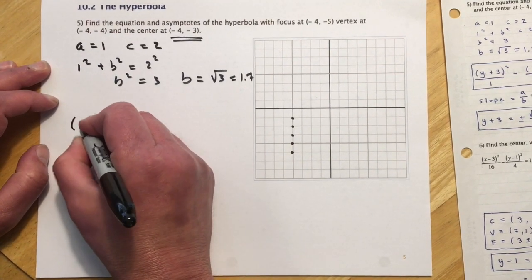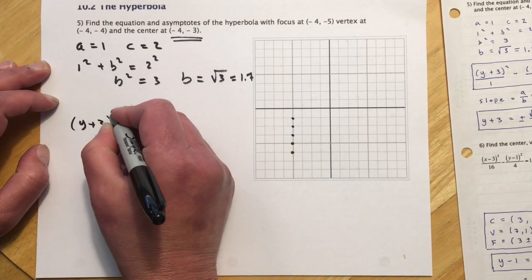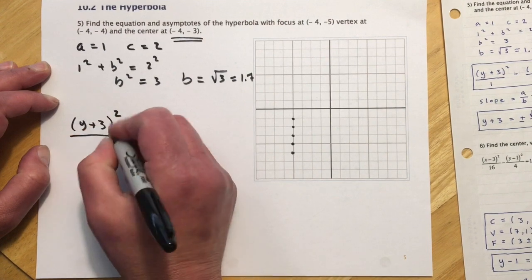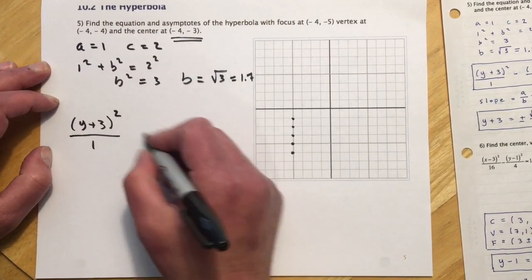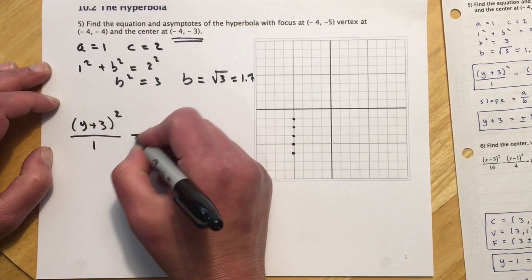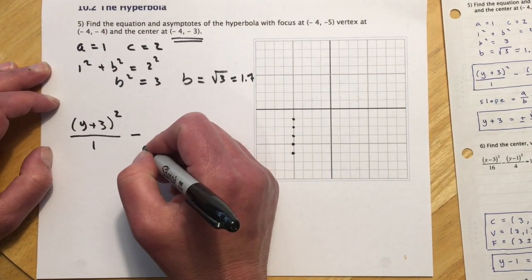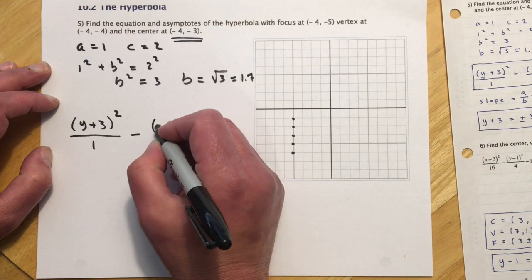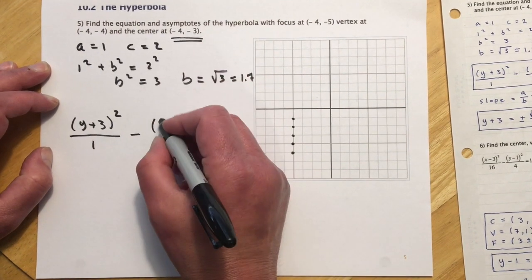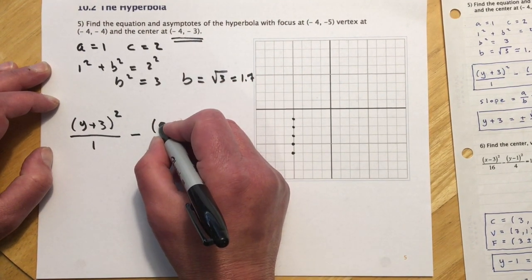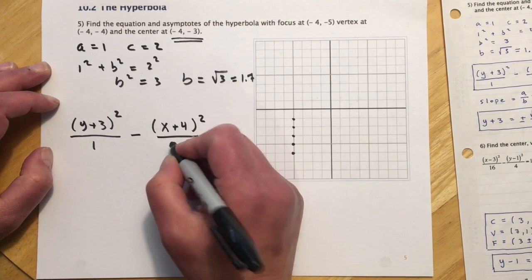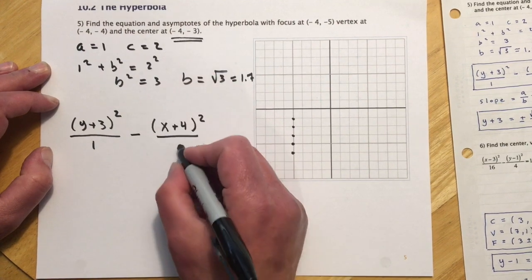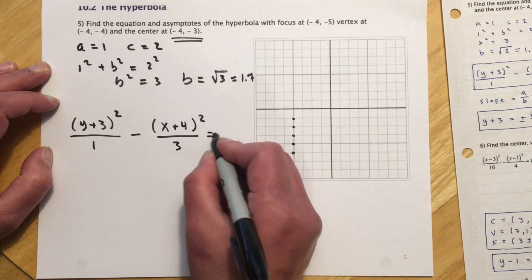So we got y plus 3 squared, and that's over a squared, because in this one the a and b stay put, and it's the x and y that swap, and that makes one term or the other negative. And then this will be x minus -4, so plus 4 squared. And then that's over b squared, which was 3 right there. And that equals 1.